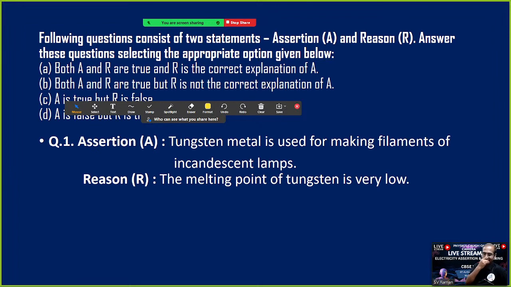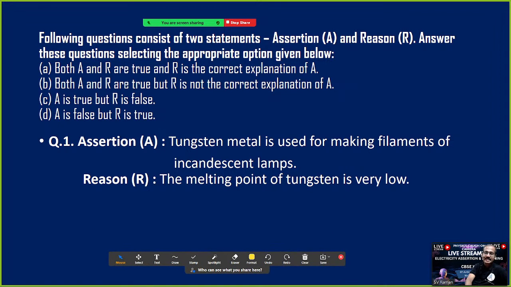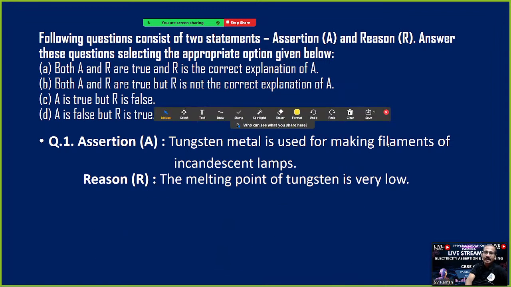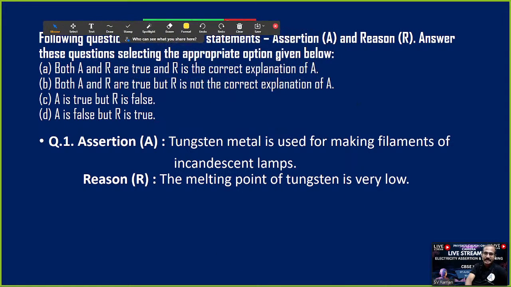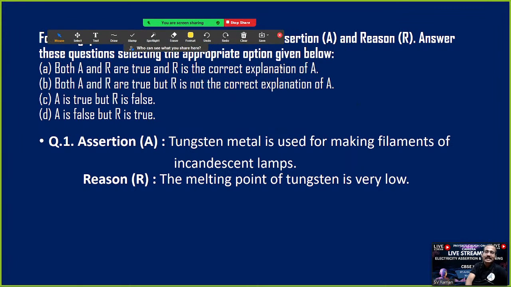Yes. Now coming to assertion and reasoning questions. Students are much more worried about assertion and reasoning questions, why it's happening, how it is, these things we can discuss. The question paper will give 4 options to you. One is both assertion and reason are true and reason is the correct explanation of assertion.